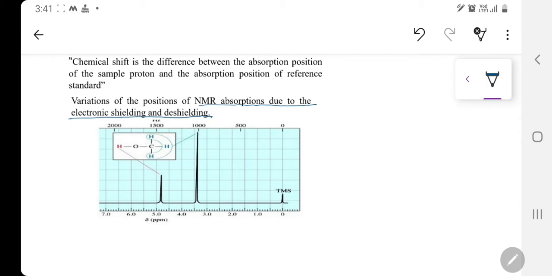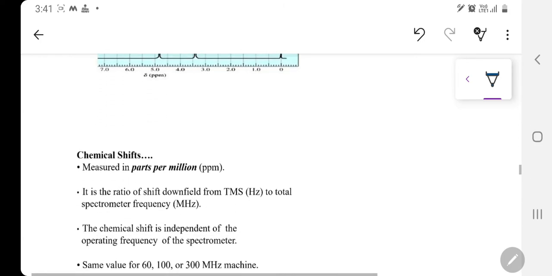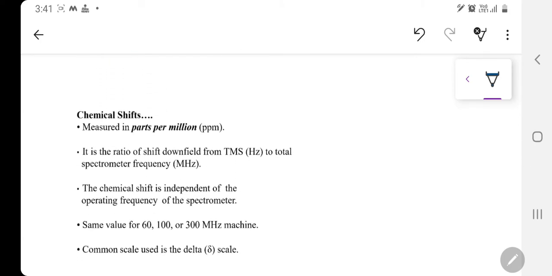For measuring the chemical shift of various protons in a molecule, the signal for TMS is taken as a reference. Due to the low electronegativity of silicon, the shielding of equivalent protons in tetramethylsilane is greater than in most organic compounds. Chemical shift is measured in parts per million, ppm.